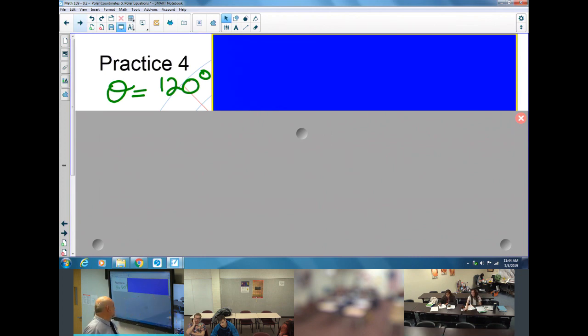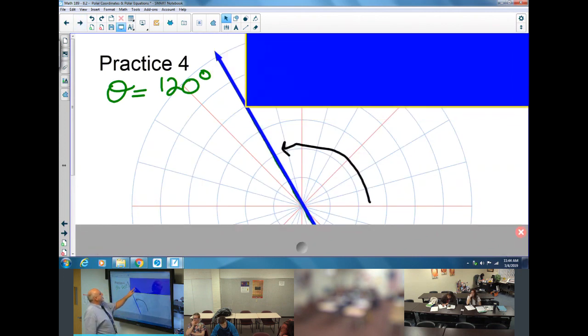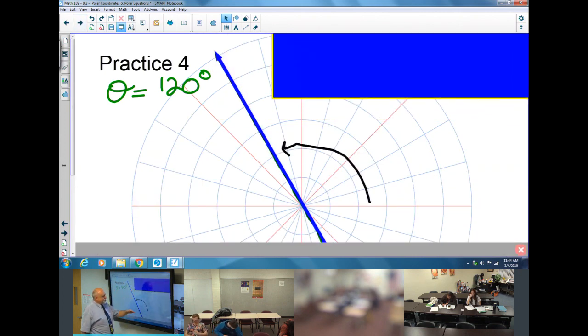Yeah, that's the word I was looking for. So it's going to be a line because it's going to be all of the radii. So you measure 120 degrees, and then it's all the radii, all of the distances. So it would be a line. Great job. Okay. Any questions on that?